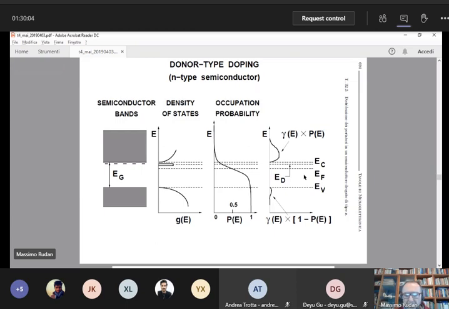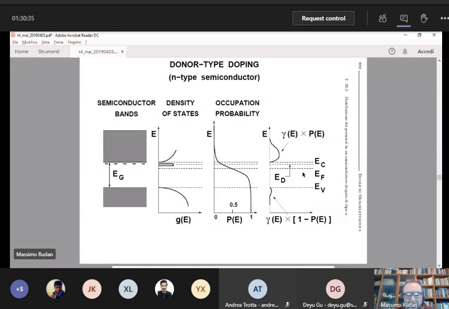If you instead decrease the temperature, EF will go up, okay? We shall see figures that describe this more precisely. These results, that is the position of EF with respect to temperature and with respect to the concentration of dopants, of course, must be calculated numerically in the general case.